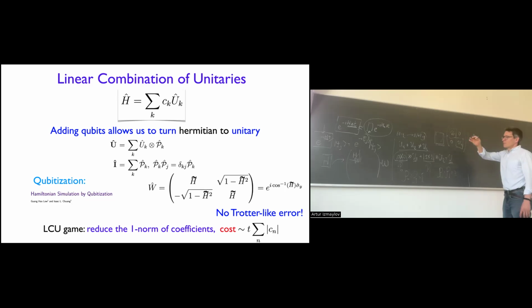And if you do this exponentiation using the earlier formula, we will get the result that is, for anything like this, the cosine of the amplitude, cosine minus i H.